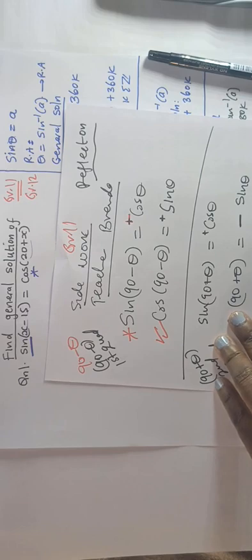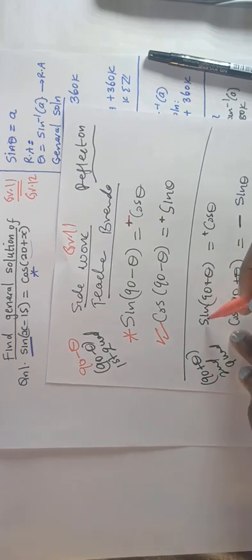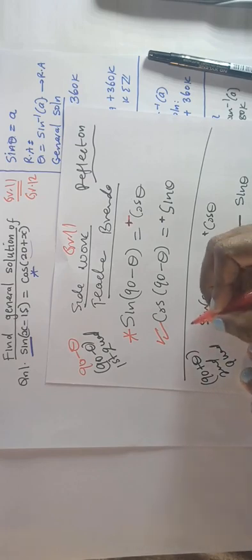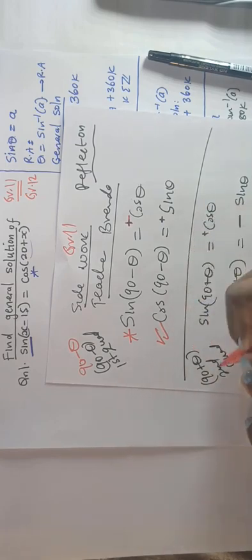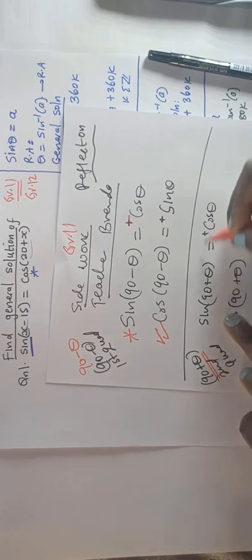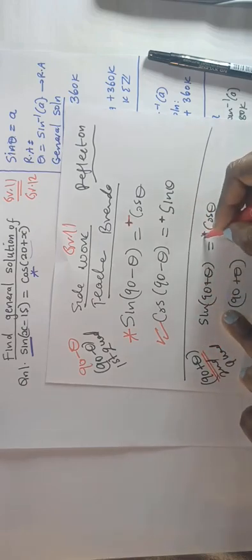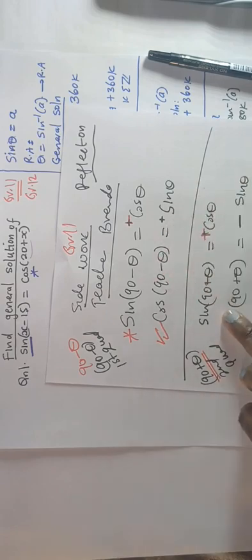In the first quadrant, sine, cos and tan are all positive. Then 90 plus is in the second quadrant, where sine is positive. With cofunctions 90 plus and 90 minus, the trig functions swap.